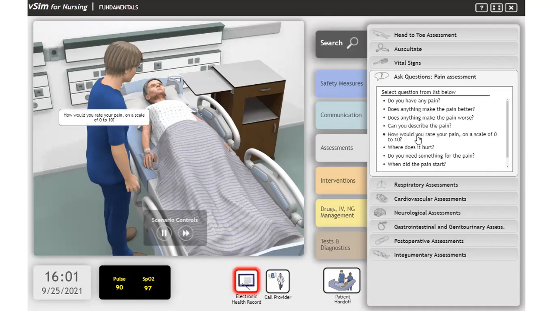How would you rate your pain on a scale of 0 to 10? Not too bad. It's about a 2. Do you need something for the pain?